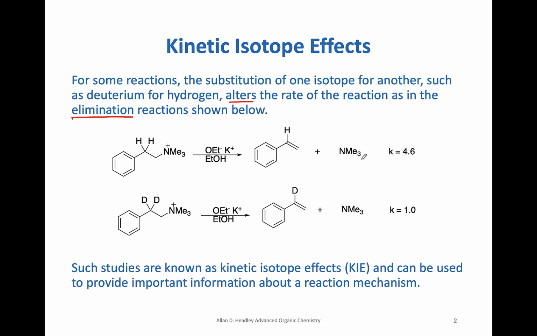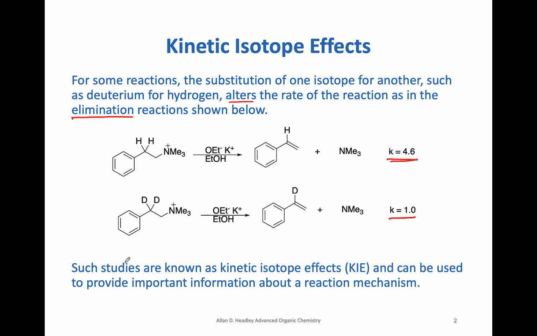The main aspect here, though, is that for the molecule that has hydrogens, the relative rate is 4.6. For the molecule that has deuterium in the same positions, measuring the rate, it is much slower, 1.1. So the bottom line is, it appears that whenever we have hydrogen as part of the reactant, its rate is faster than a substitution with deuterium.